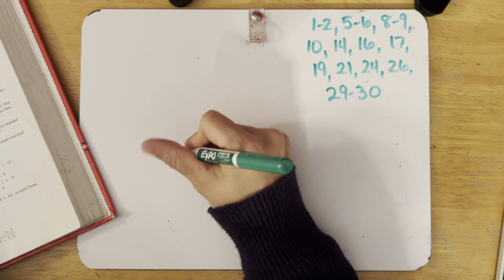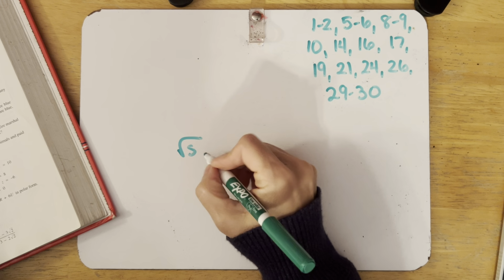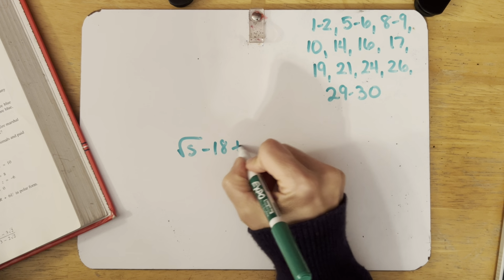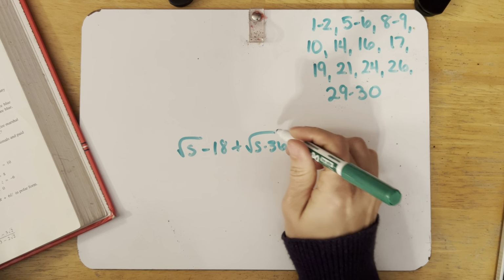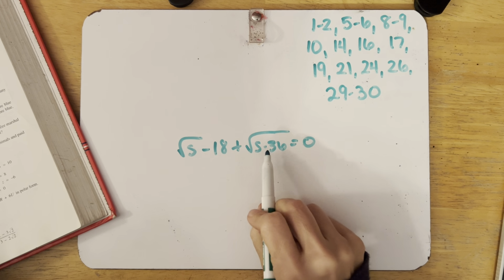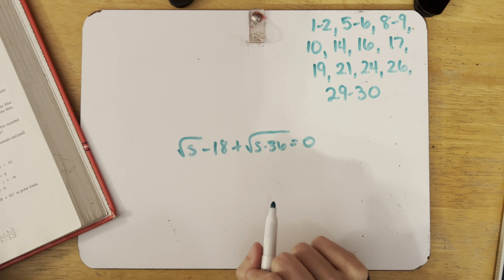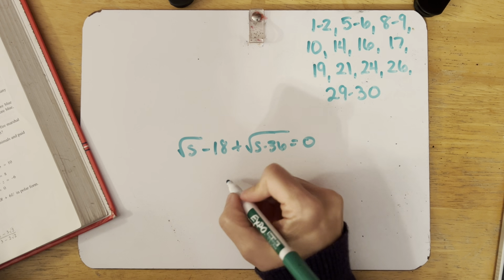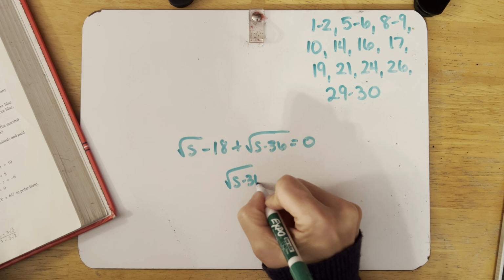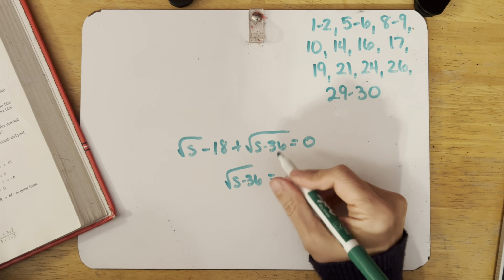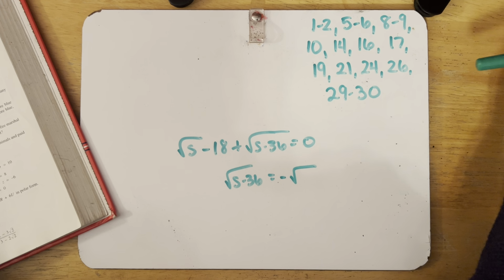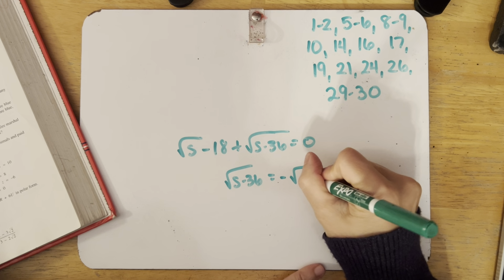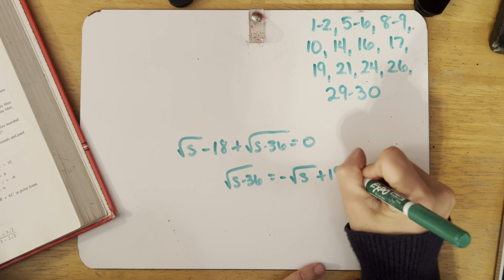Number 8. All right, square root of s minus 18 plus the square root of s minus 36 equals 0. Okay, we need to get this square root by itself. So I'm going to have the square root of s minus 36 equals, I'm moving everything over here, minus the square root of s plus 18.